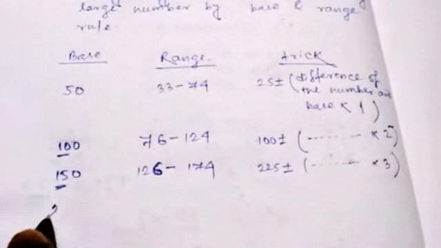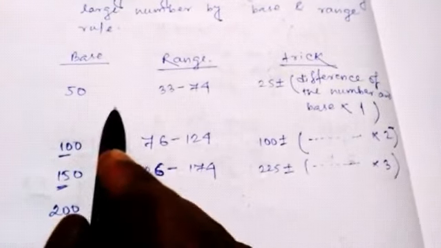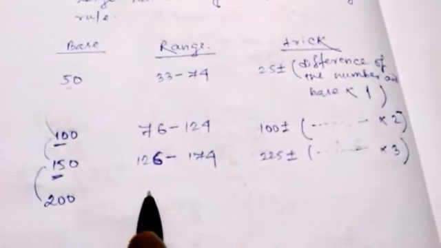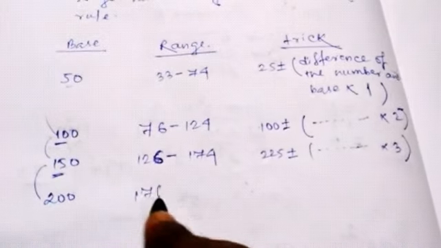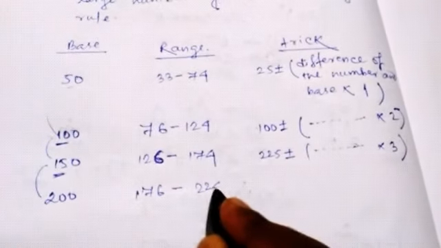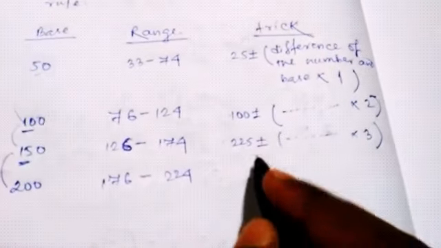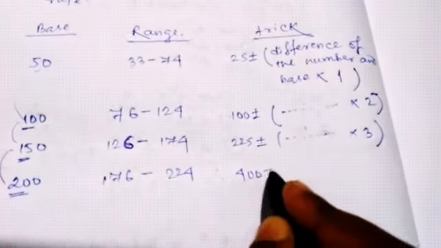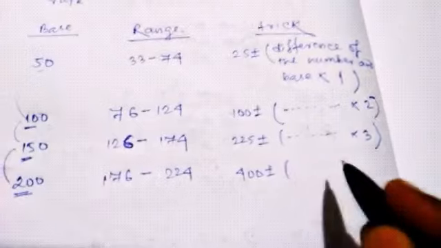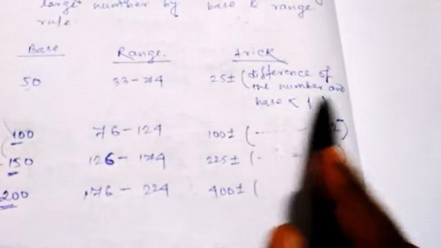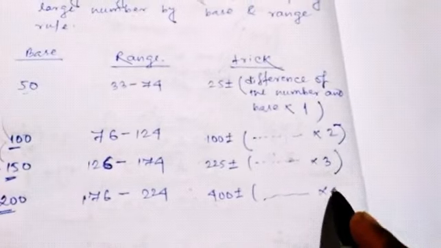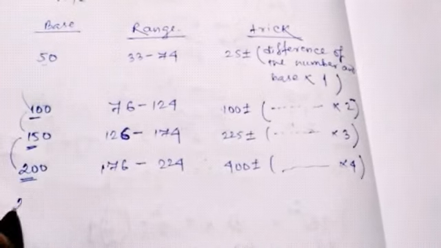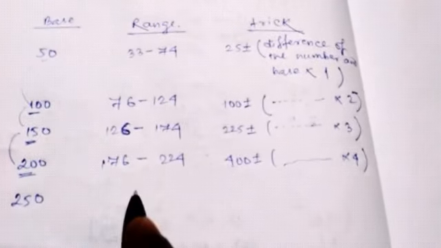Then it will be 200. The difference is 50, 100, 150, 200, and the range will be 176 to 224. And the trick will be 20 square, that is 400, plus minus the difference of the number and the base into 4.